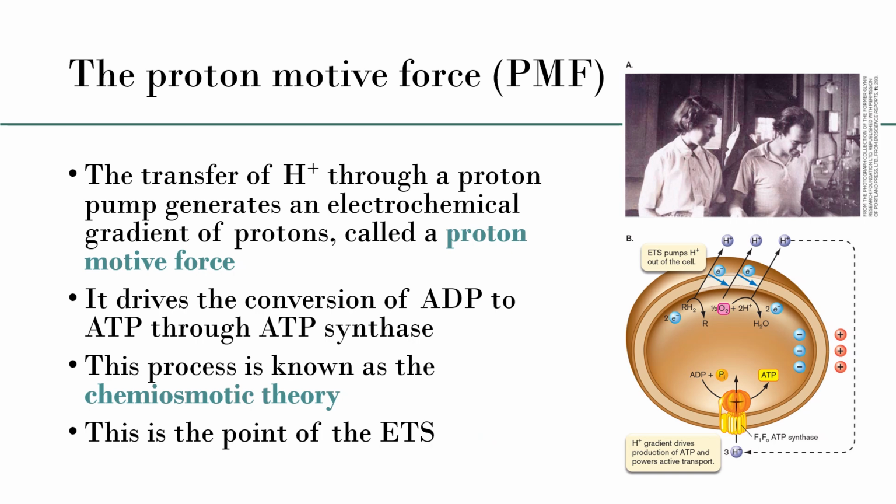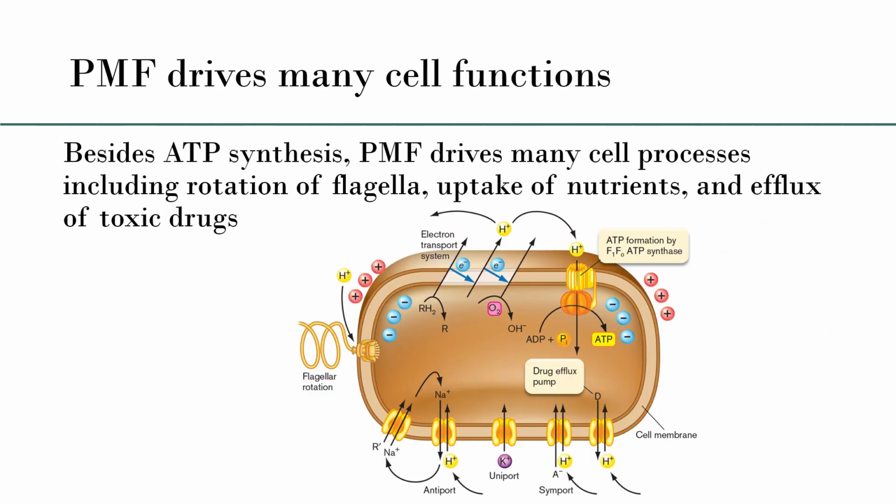And it's the whole point of the electron transport chain. We don't really care about passing around this electron unless it's doing something important for us. And it is using that energy from those electrons, from that electricity that we're generating, moving them through the membrane to create this proton gradient.